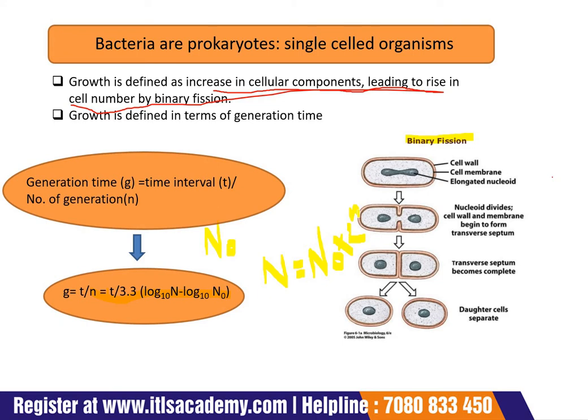Then on solving this equation by taking the logarithm, the formation of this 3.3 log 10 will come actually. So if you all want, I will discuss in detail this equation, or this total formula which we are getting to calculate the generation time.